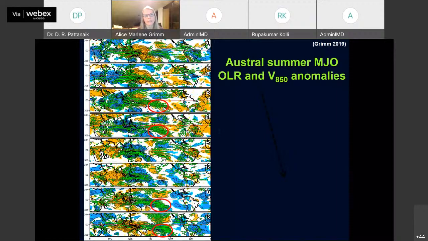When we have this enhanced convection here, or suppressed convection in phase 4, there is also in the subtropics of the South Pacific strong low-level convergence here and low-level divergence here.